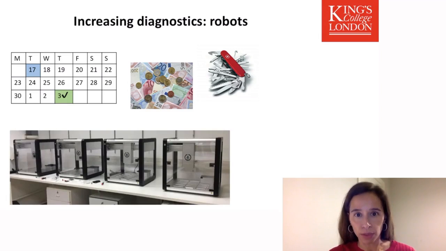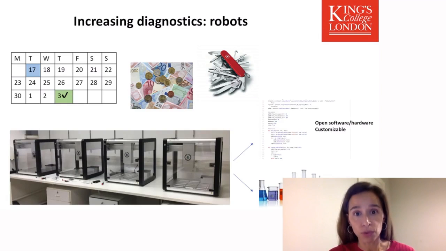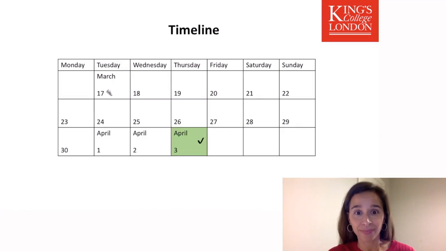This is why we opted to go for a company called Opentrons, because these robots are open software and hardware, and therefore customizable to the needs of every single lab. And also because they do not require a set protocol, the user programs them to do the protocols that are ongoing in the lab, and therefore they can be used by many different labs.